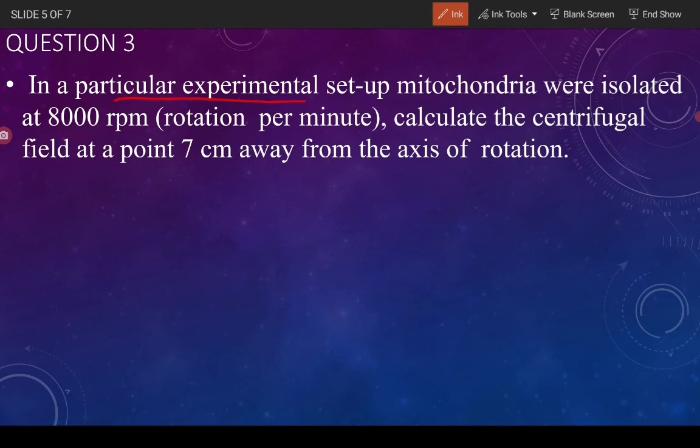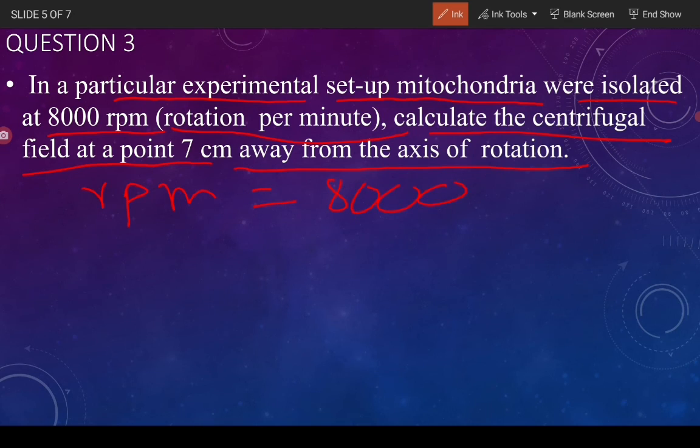So this is the question 3. In a particular experimental setup, mitochondria were isolated at 8000 rpm, that is rotation per minute. So we know the rpm. Calculate the centrifugal field at point 7 centimeter away from the axis of rotation. So we know the rpm is 8000, and the r, that is radius, is 7 centimeter.